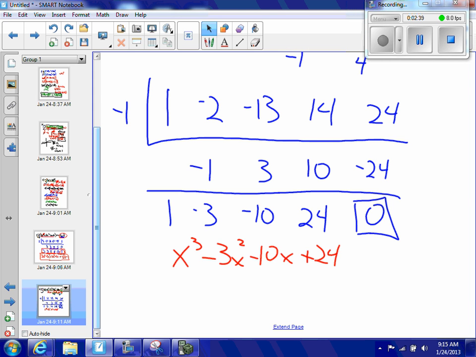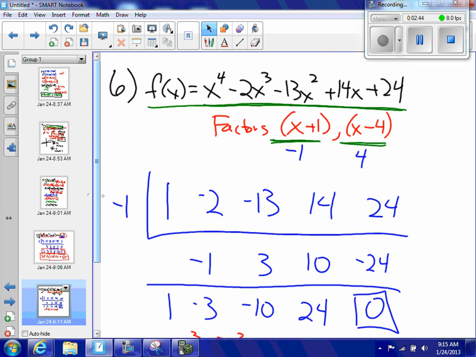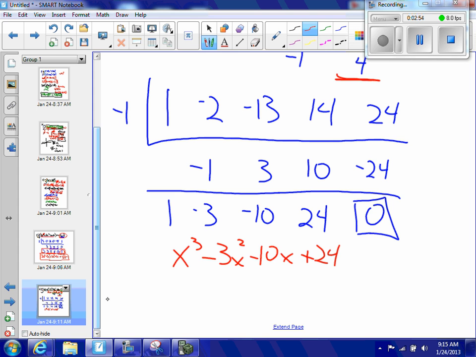If I go back and do my original polynomial with the factor of 4, I'm going to have a polynomial with a highest power of 3, and that's not really going to help me. I know that if I wanted to get to my original polynomial, I would just have to multiply this times x plus 1, because I factored out an x plus 1 when I did my synthetic division.